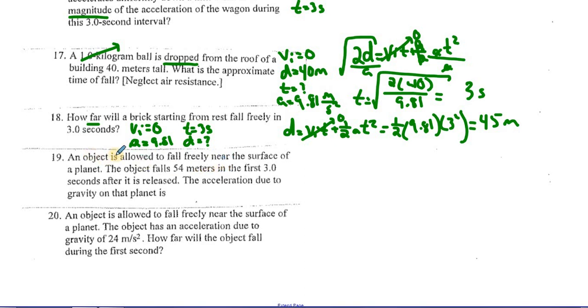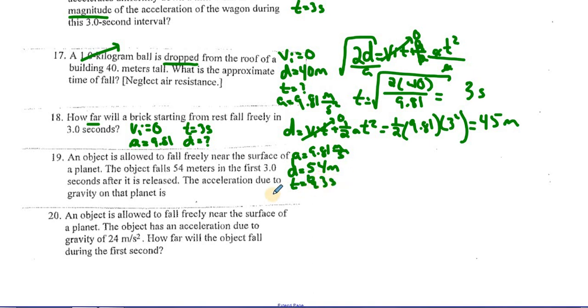All right, 19. An object is allowed to fall freely near the surface of the Earth. So our good old acceleration of 9.81, fall freely. The object falls a distance of, that's d, 54 meters in the first 3 seconds.